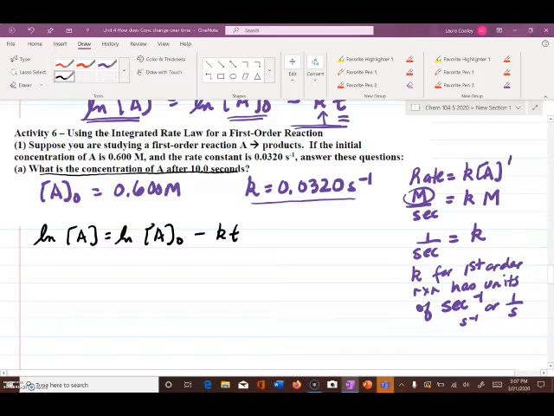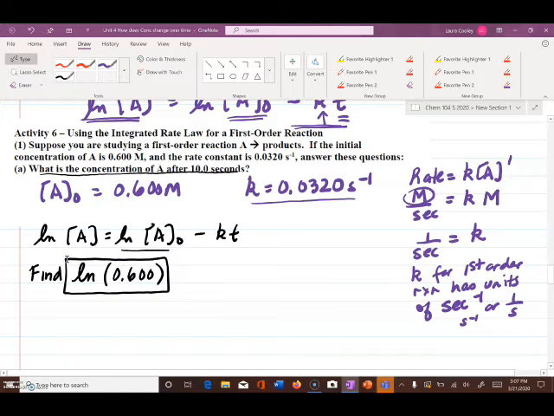Okay, and so what you're going to do, first of all, I'd like you to take your calculator and find the natural log of A0, which is 0.6. So you need to get this number on your calculator.